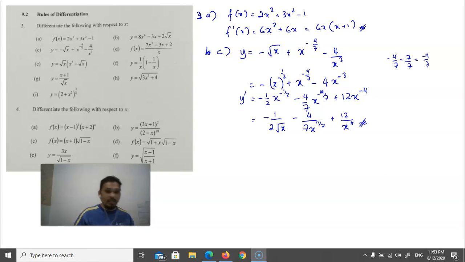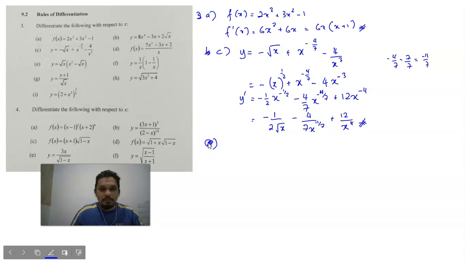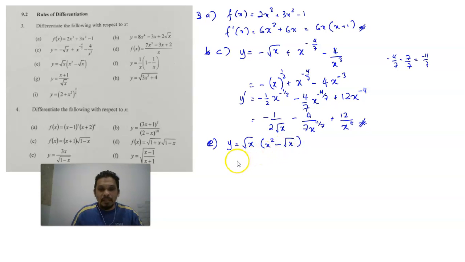Okay, then next question. Question E. y equal to square root of x times x squared minus square root of x. Square root of x means x to the power of half. So then this one, x to the power of 2 plus 1 over 2.